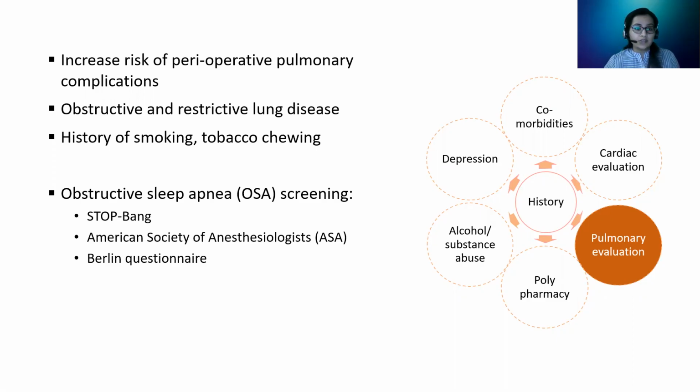Risk factors like history of COPD, chronic smoking, or obstructive sleep apnea should be evaluated in detail. Like in an obese patient, OSA can be screened with the help of STOP-BANG, ASA, or the Berlin questionnaire. Difficult mask ventilation is anticipated in patients with a history of OSA.